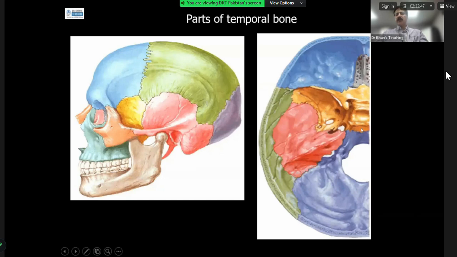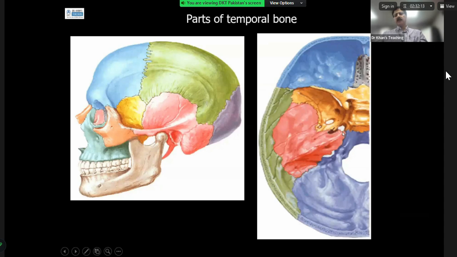Here in the midline, the basisphenoid forms a joint at the clivus, and there is a joint here also. So part of the clivus is made up of the sphenoid bone and part of it is made up of the occipital bone. The occipital bone has various parts, which include, other than the clivus, the condylar process and the squamous part, etc. We are not interested in detail.